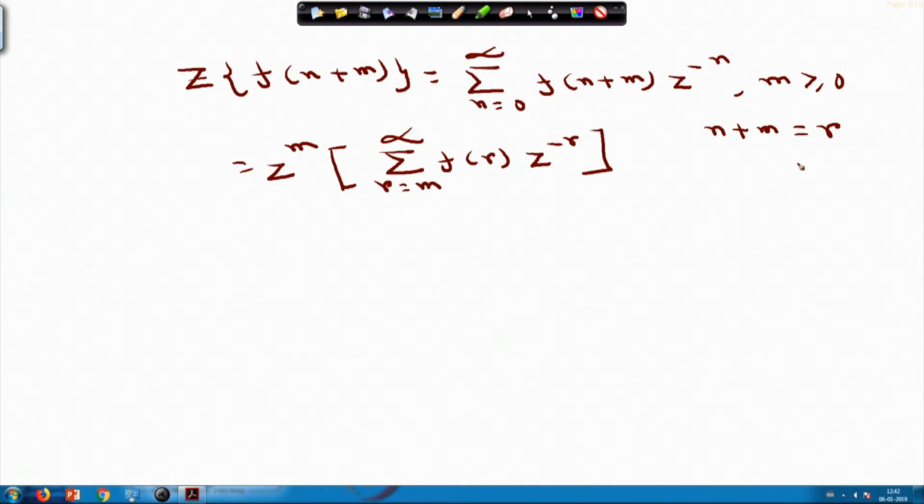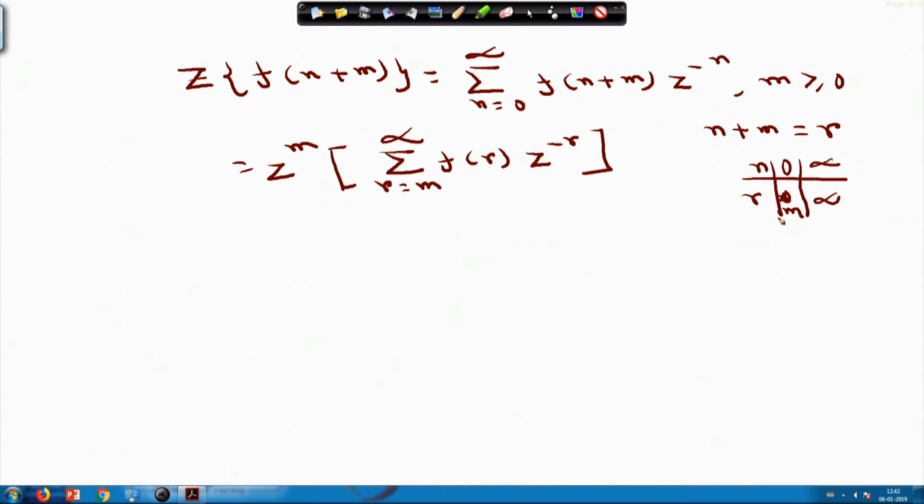Now, here since I have taken n plus m equals r, whenever n is 0, your value of r is not 0 but it is m, and whenever n is infinity, your r is infinity.